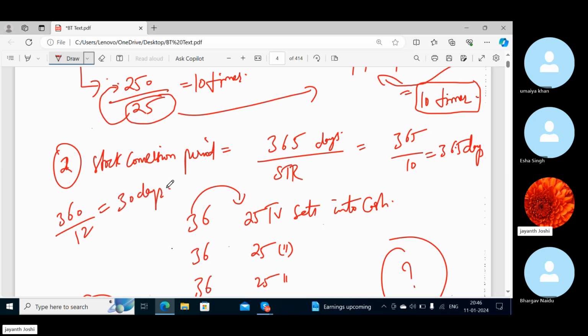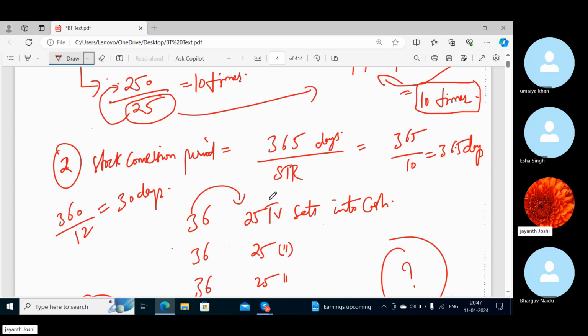So I will be converting my inventory much sooner into cash if my stock turnover ratio is high. That means the higher the stock turnover ratio, the fewer the number of days it takes for you to convert your inventory into cash. The higher the ratio, the fewer the days. The lower the ratio, the more days.